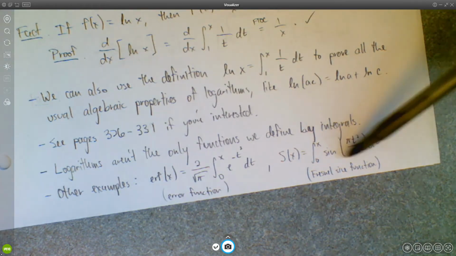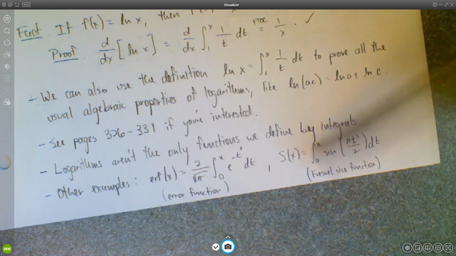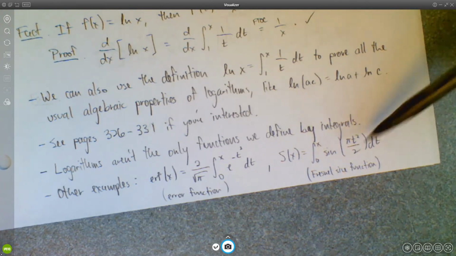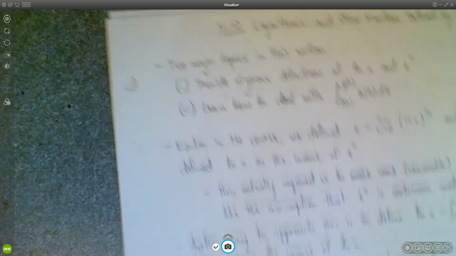Another one is the Fresnel sine function. There's also a Fresnel cosine function, and these come up a lot in engineering. But again, there's not really a nice closed form for this integral. So there are lots of functions that we can define via integrals, and it's a really useful thing. Okay.